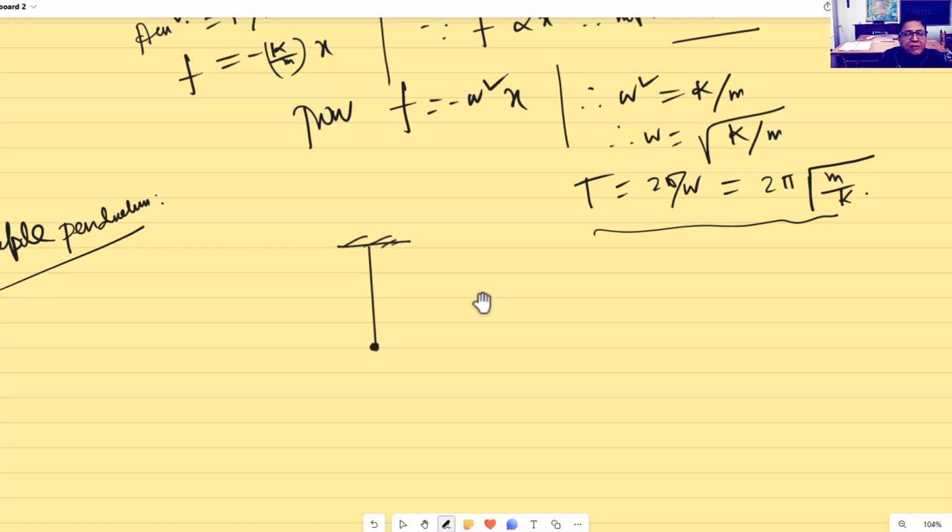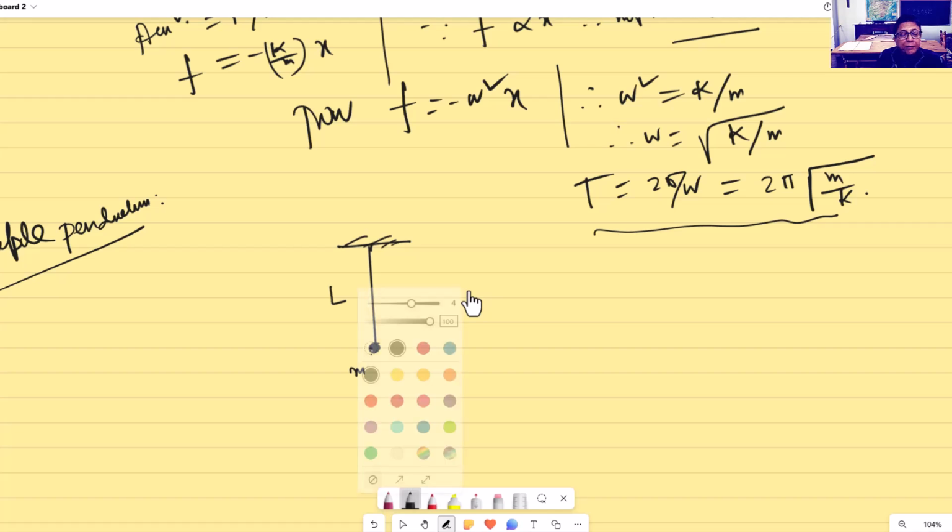The pendulum is there. This pendulum is suspended at the end of a light string. Its length be L. Mass of the bob be m. This is a weightless, inextensible string. We will disturb the particle slightly from the equilibrium position. This is obviously the equilibrium position.